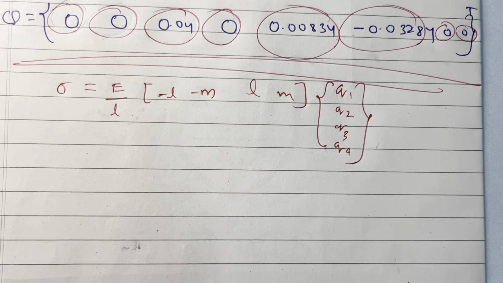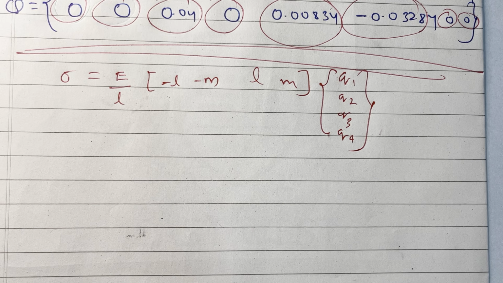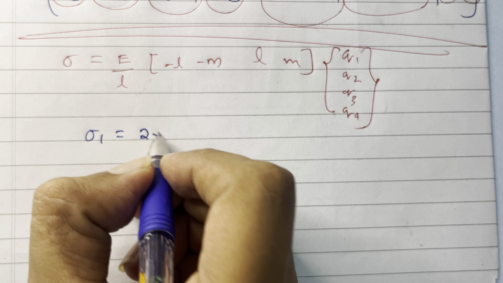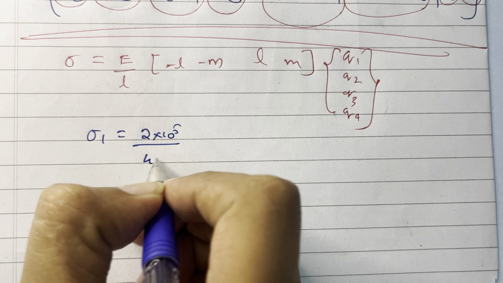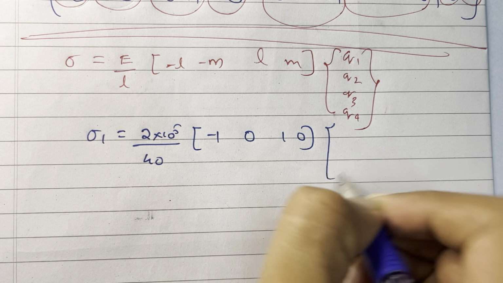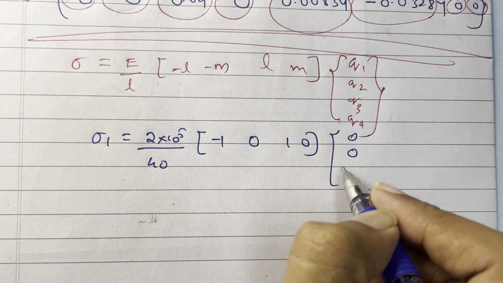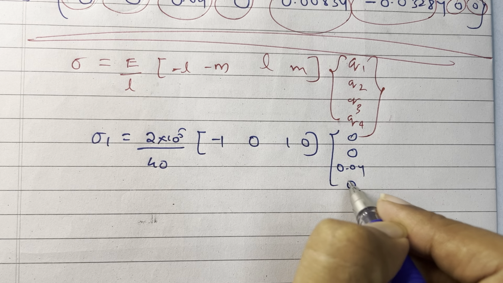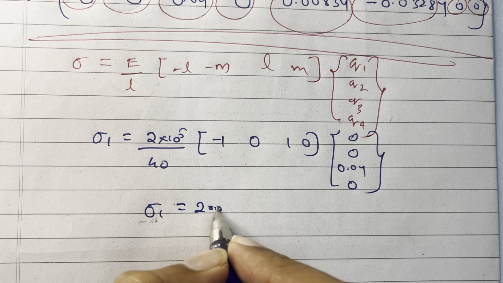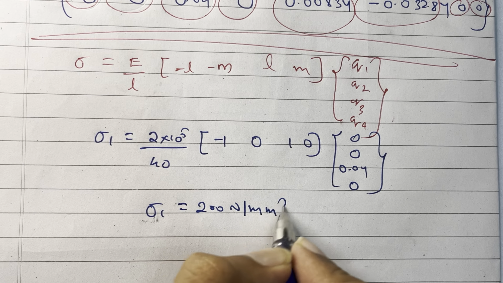After calculation, I will show you how to calculate sigma 1. Sigma 1 is equal to E, which is 2 into 10 raised to 5, and length is 40, times minus 1, 0, 1, 0, with Q1 is 0, Q2 is 0, Q3 is 0.04 and Q5 is 0. After solving, we'll get sigma 1 is equal to 200 Newton per mm square.